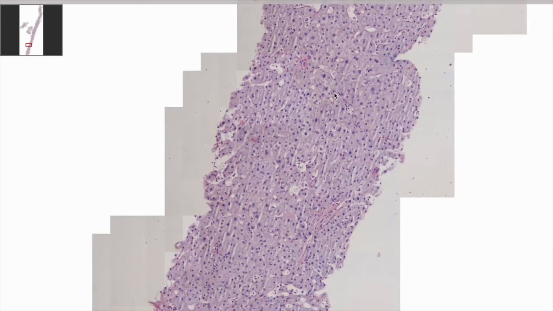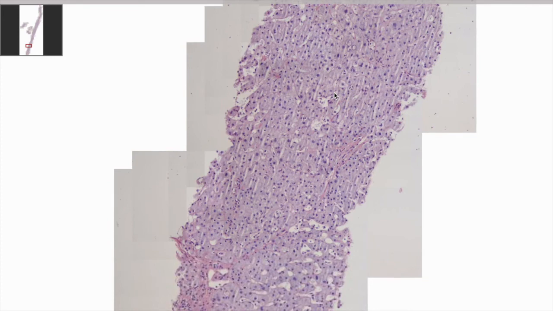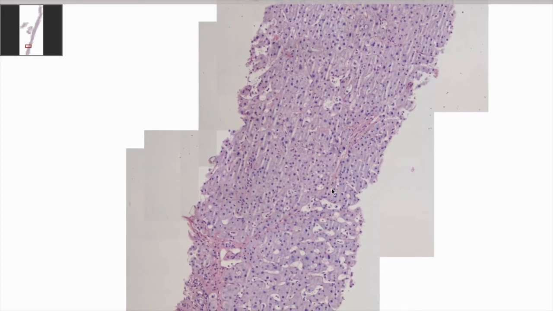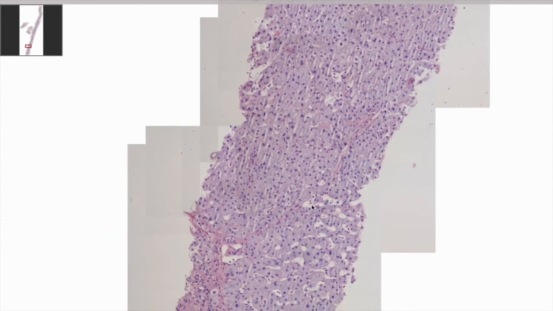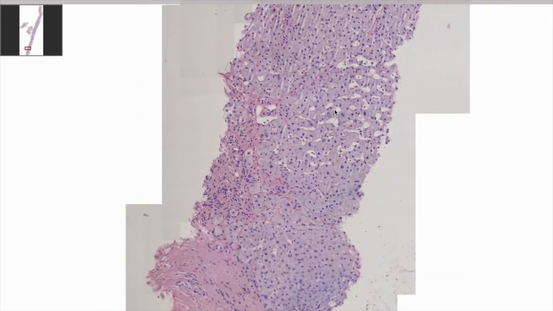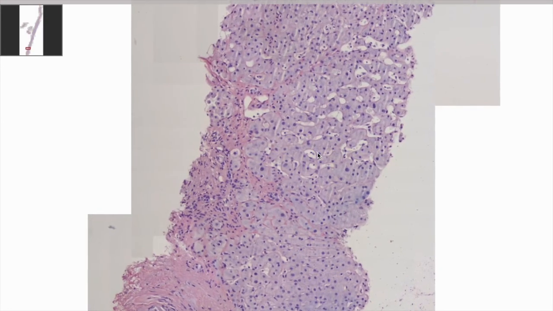And if you want to go further into characterizing this lesion, you can also ask for another stain that may be useful. It's the reticulin staining, and we will now look at it.